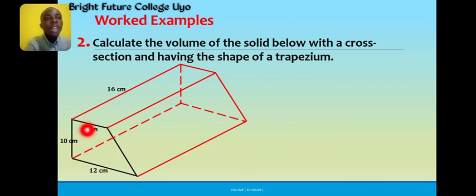Now, how do we calculate the volume? I did not give you the formula for calculating this, but from what we did in the last part, in the other example, you should be able to calculate for this. Now, how do we do this? Of course, you should know that this is a prism also, because this face is the same as this face.